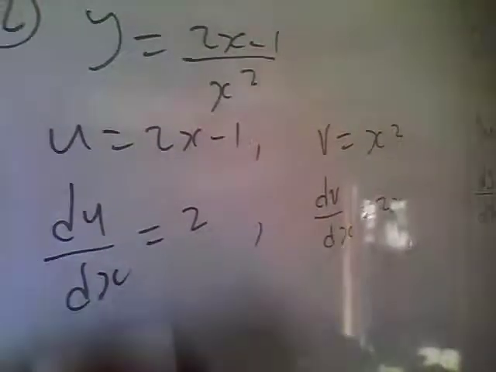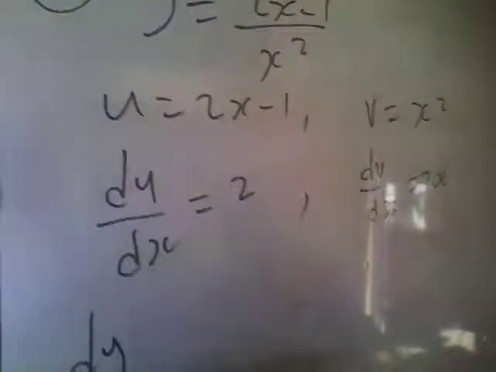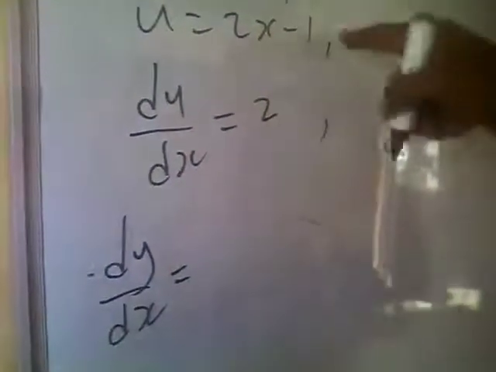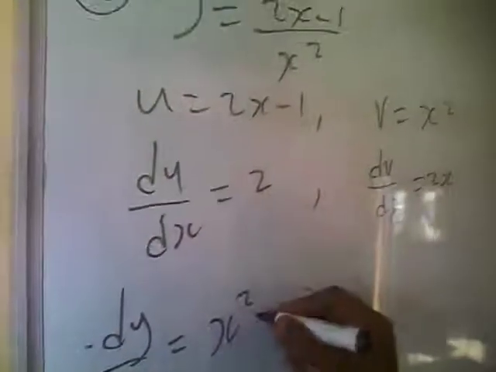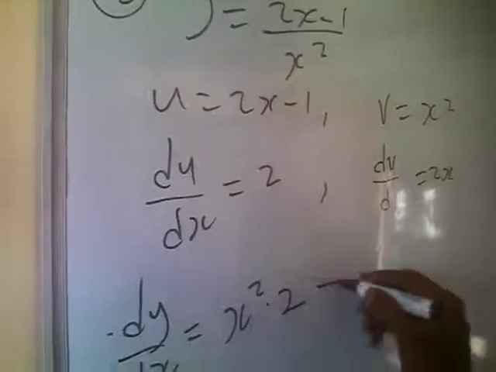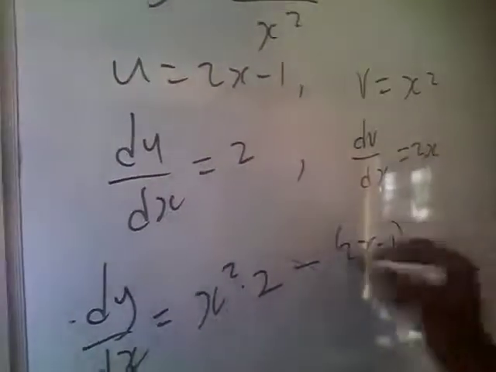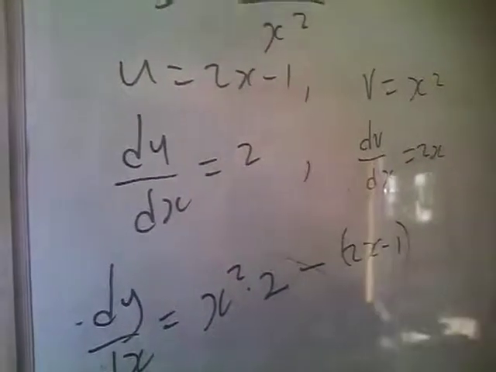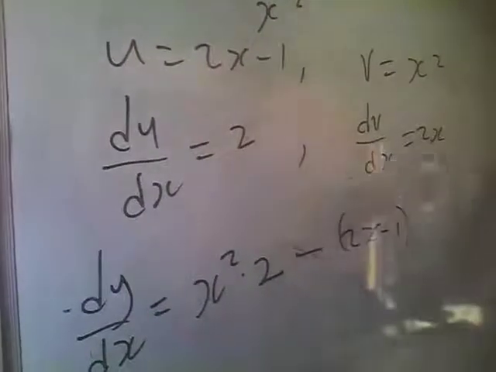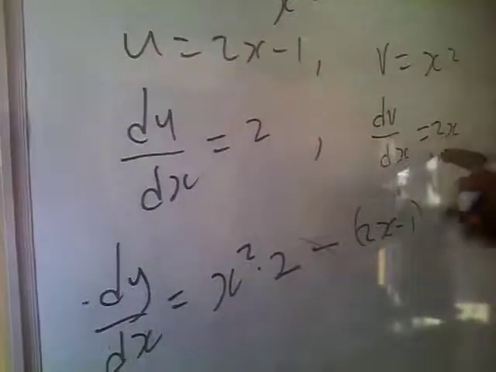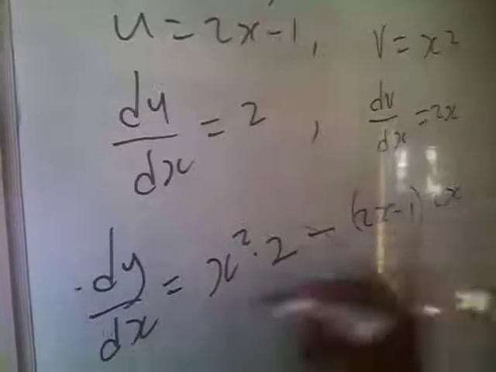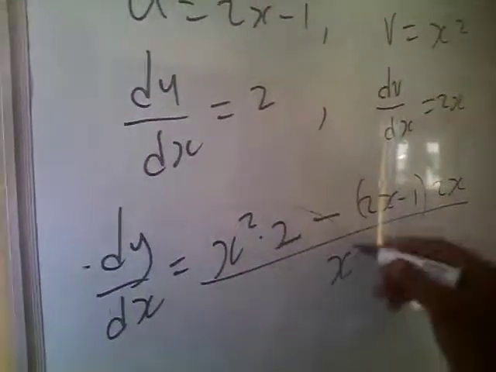Now, using the formula for quotient function, we have dy dx equal to v du dx. Our v is x squared, times du dx, which is 2, then minus u. Our u is 2x minus 1. It's a compound expression, so we introduce a bracket, then times dv dx. Our dv dx is 2x. Everything over v squared, that's x squared squared.